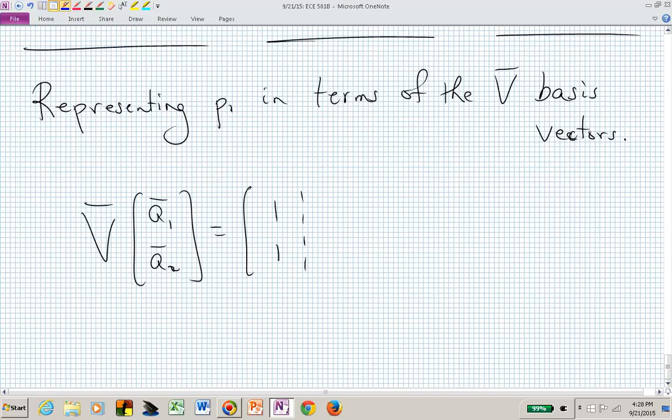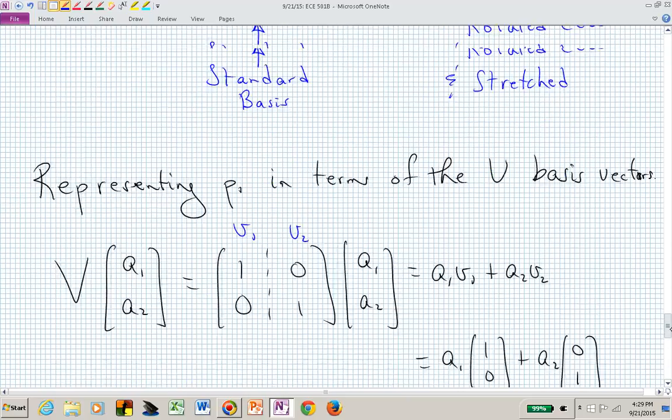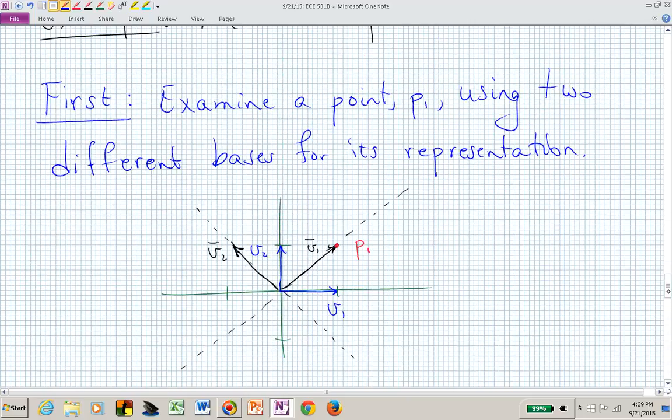This is V1 bar. We're writing V1 bar in our standard XY plane, but V1 bar is found by taking 1 in the X and 1 in the Y, and that gets us to V1 bar.